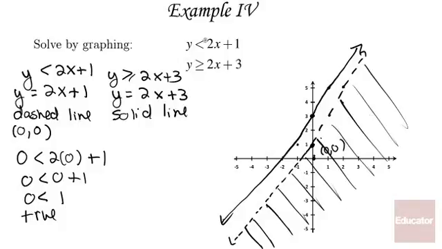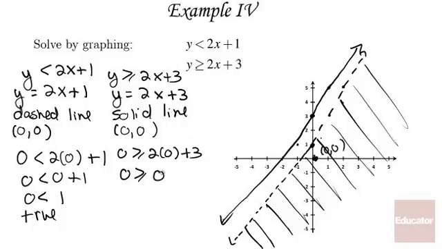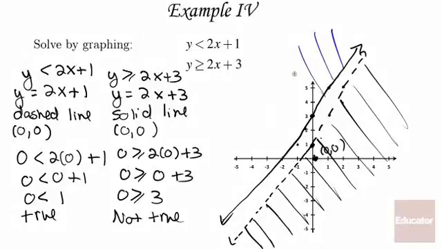So I found the solution set for this inequality. For this one, I'm also going to use 0, 0. That's well away from that line. That's a good test point. Substitute in. 0 is greater than or equal to 2 times 0 plus 3. 0 is greater than or equal to 3. That is not true. So for this line, 0, 0 is not part of the solution set. So it's the upper half plane.